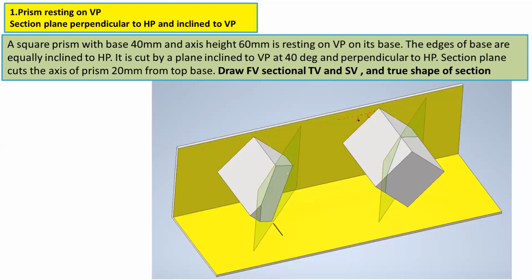So this is equally inclined condition, which is 45 degree. So all the edges of that base are equally inclined. So this is the top base. The section plane is perpendicular to the HP and it is inclined with the VP. That means the inclination will be visible in the top view.